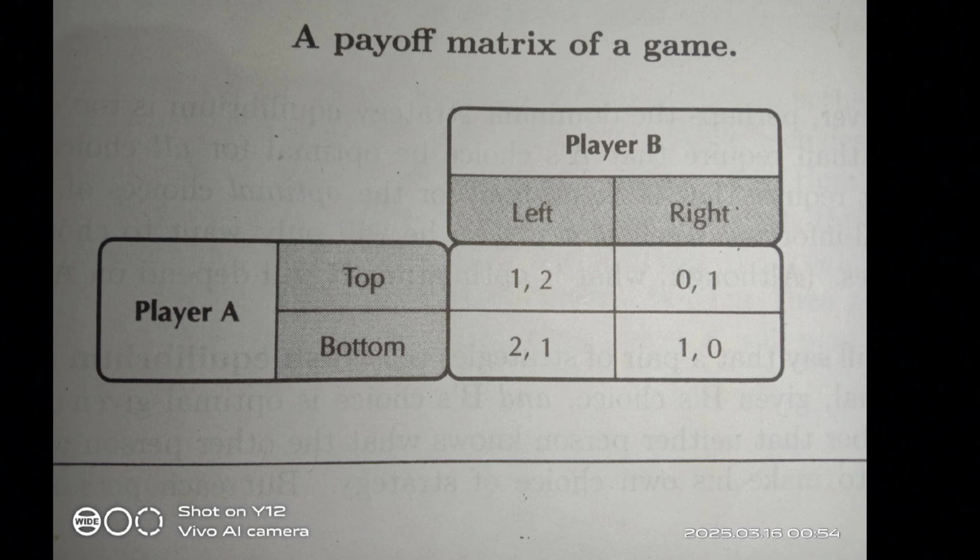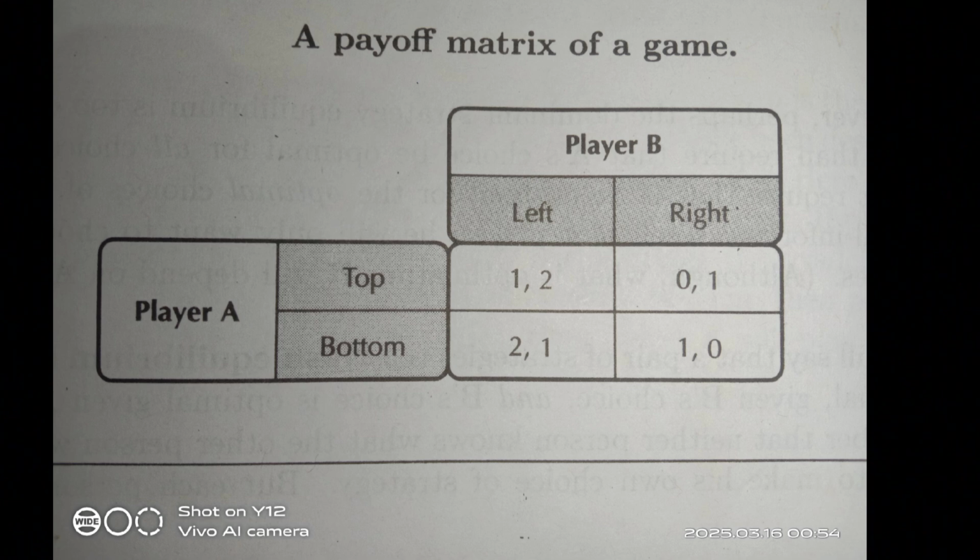In this case, we have a dominant strategy. This is one optimal choice of strategy for each player, no matter what the other player does. Whichever choice B makes, player A will get a higher payoff if he plays bottom. So it makes sense for A to play bottom.